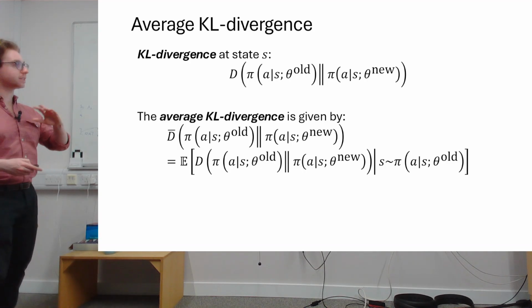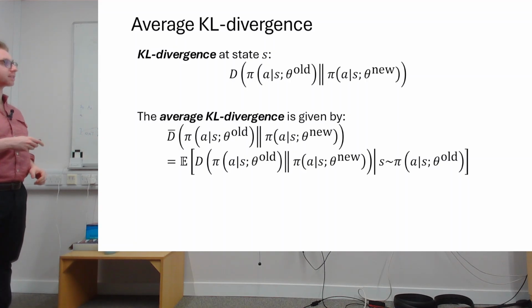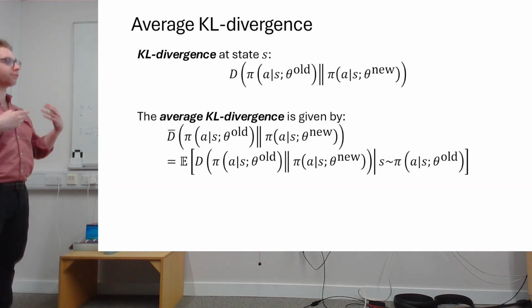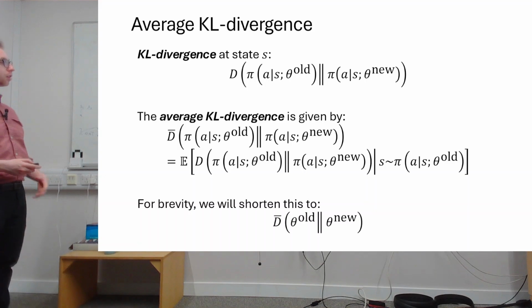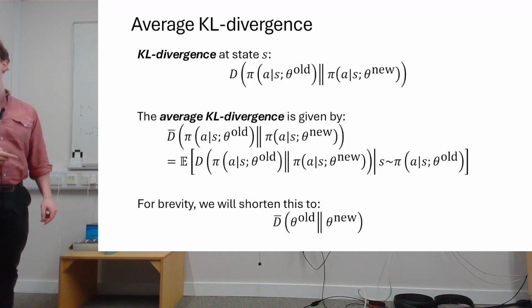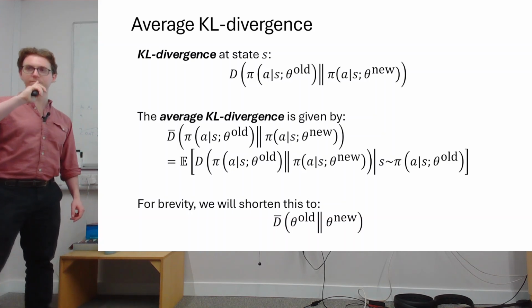So I'm taking this KL divergence measure, which is a measure at each state of the discrepancy between these policies, and I'm averaging according to states drawn according to the old policy. And for brevity, to make things shorter, throughout I'm just going to write it as this, D bar theta old theta nu. So this is the distance under the average KL divergence metric of theta nu from theta old. All right? Any questions?